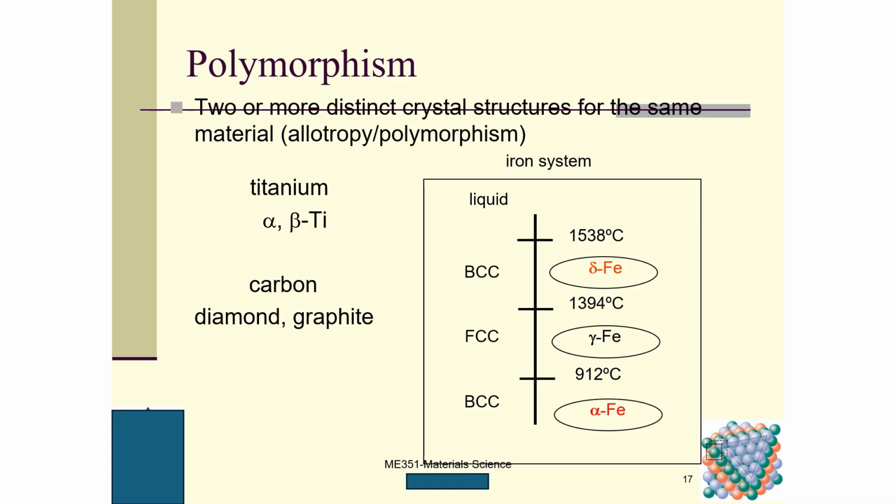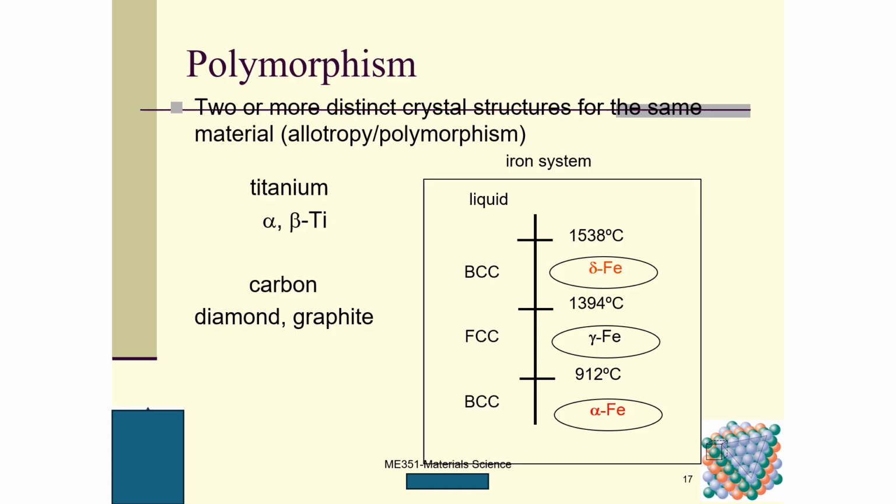Titanium is the same element, but it has different forms: alpha titanium and beta titanium. For carbon, there is diamond, graphite, and then fullerene, carbon C60, which is just like a soccer ball with 60 carbon atoms, and also the fourth one, carbon nanotubes. I'm going to talk about this one when we talk about carbon.